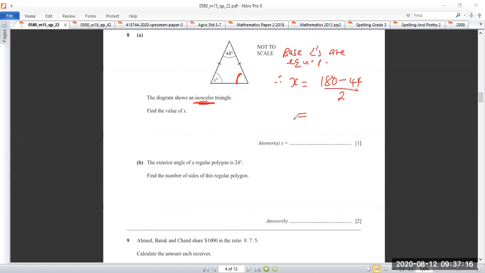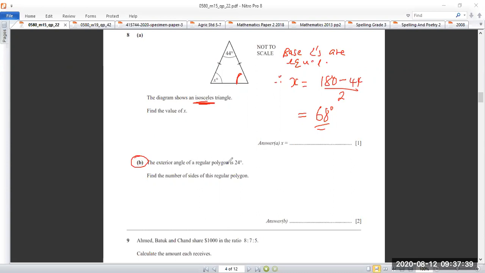That is, you get 68 degrees. Everybody, please take out your calculator.